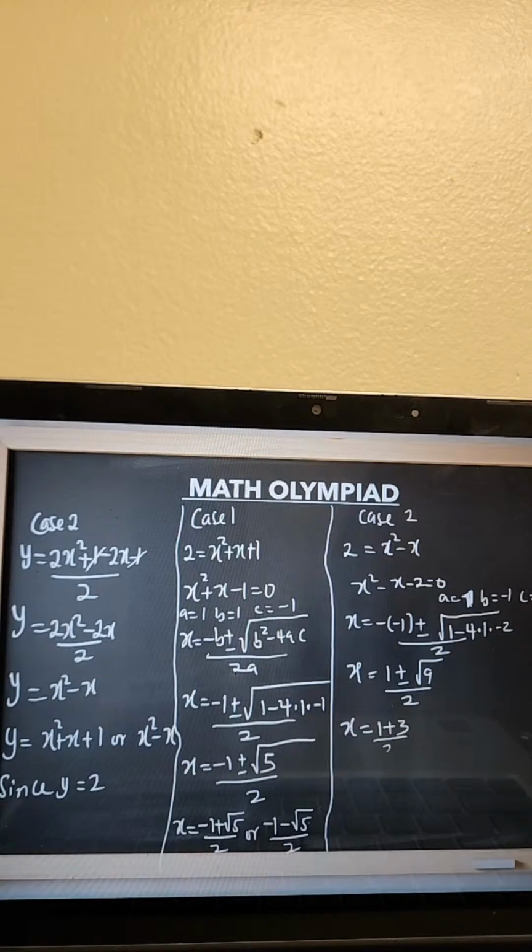So x is 1 plus 3 is 4 over 2, which is 2, or 1 minus 3, which is negative 2 over 2, which is negative 1. So the four values of x are these.